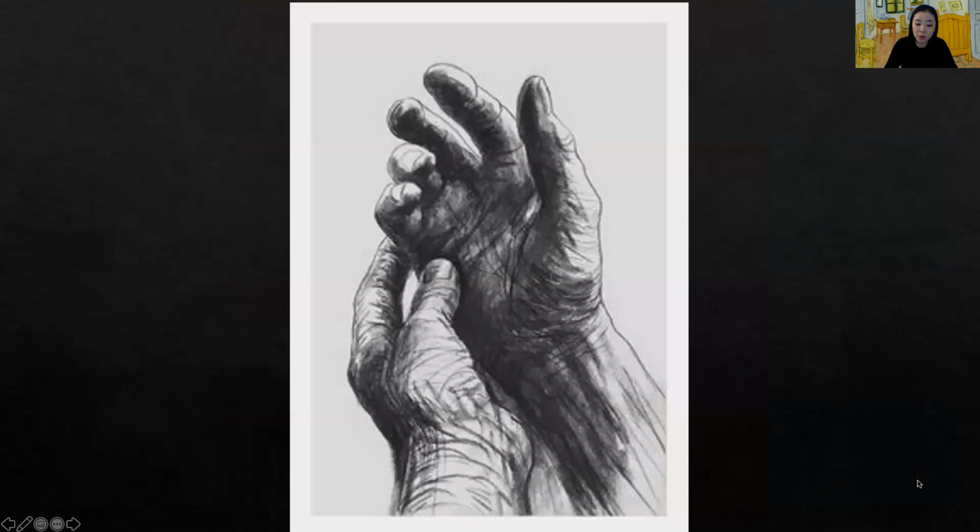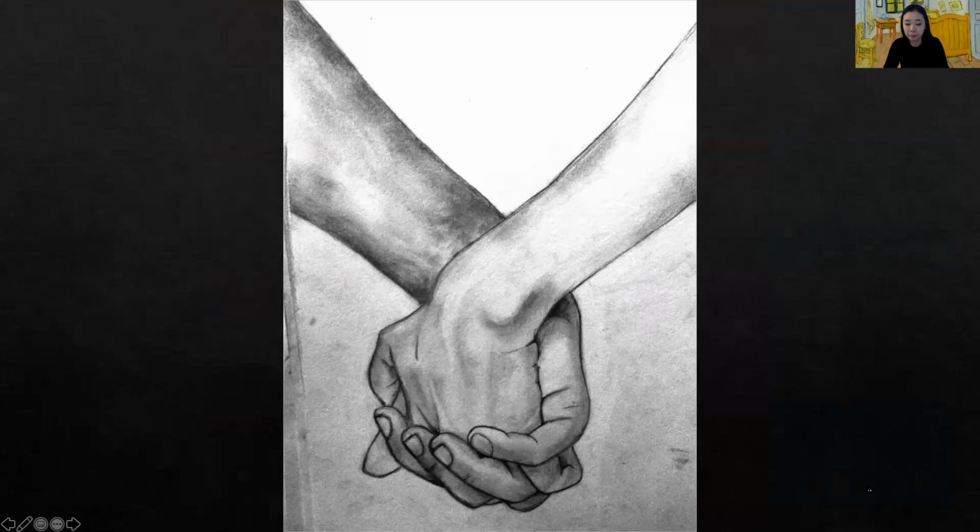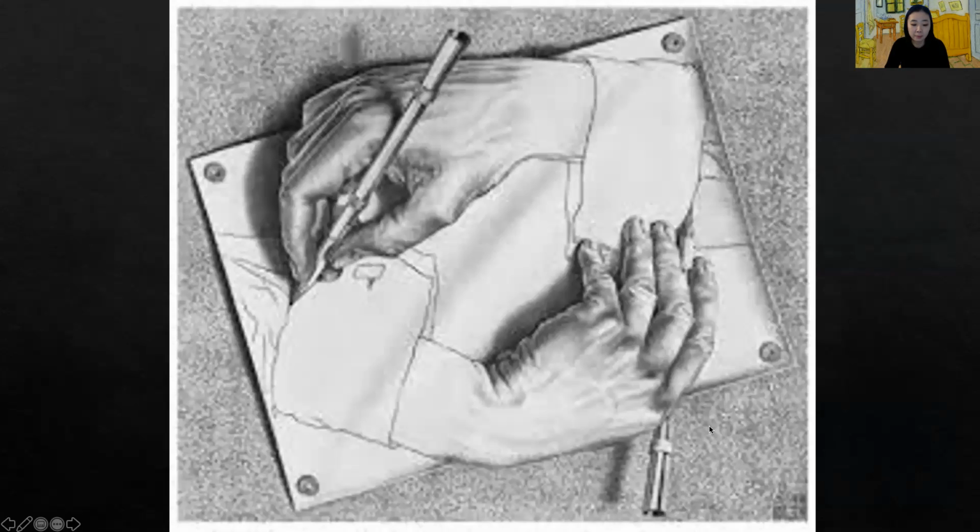And this hand drawing shows also grandeur and contrast. And this hand drawing shows motion and emotion with the holding hands. And this hand drawing is very creative, and it shows motion, emotion, turbulence, and contrast of the Baroque art.